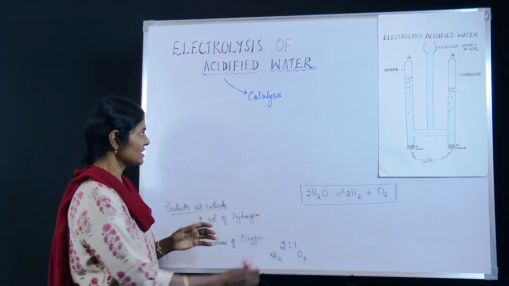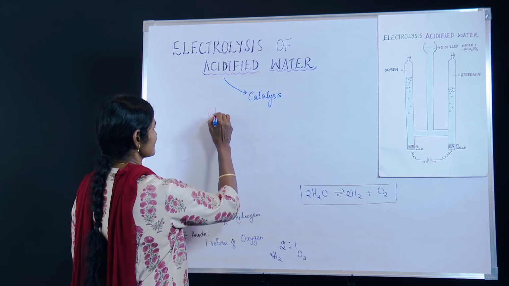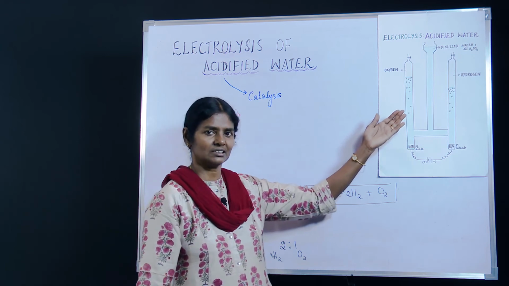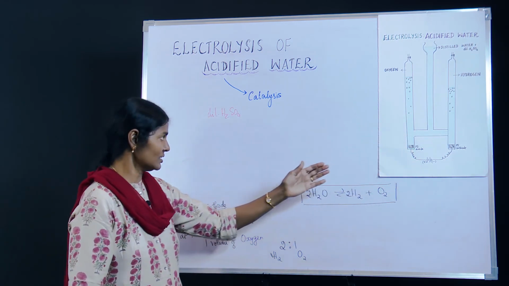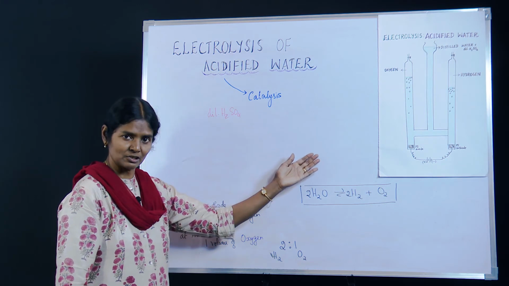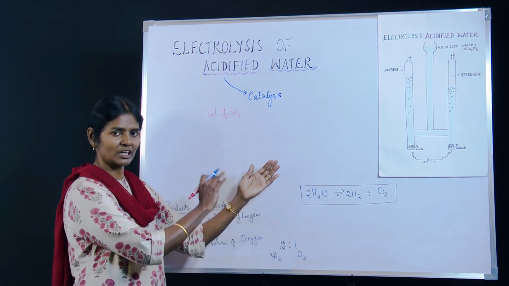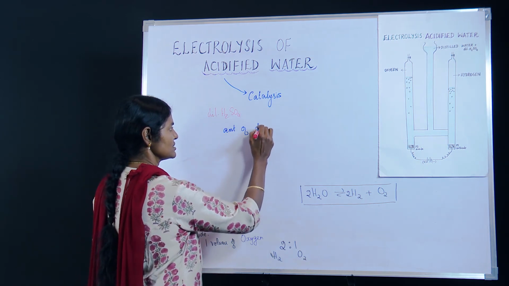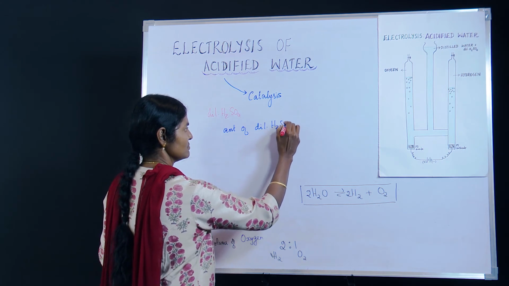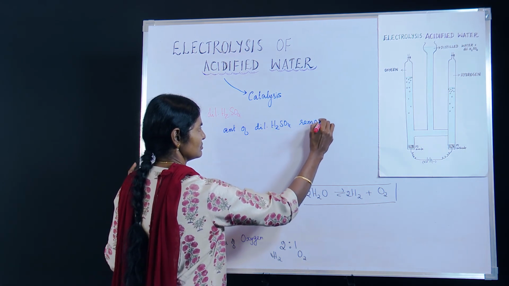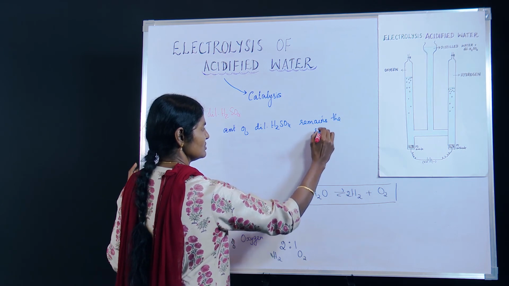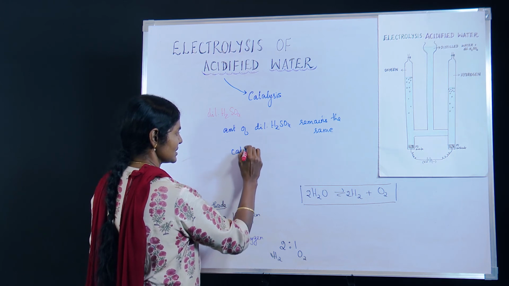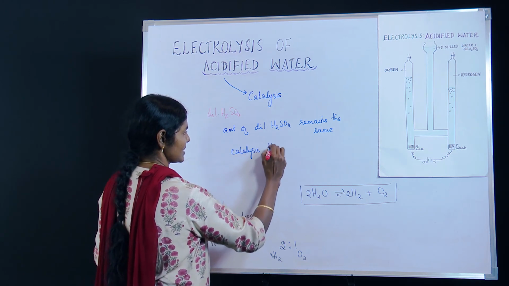Now, if we take this dilute sulfuric acid, it is being added, and without that the electrolysis does not happen, but by the end of the electrolysis it's the same amount as it was in the beginning. So, the amount of dilute sulfuric acid remains the same, but this is responsible for the electrolysis. So, that means it catalyzes this reaction.